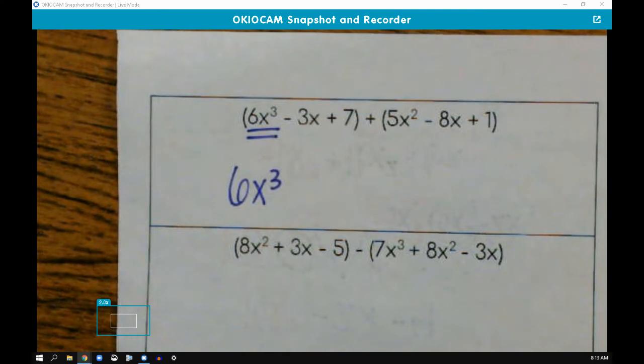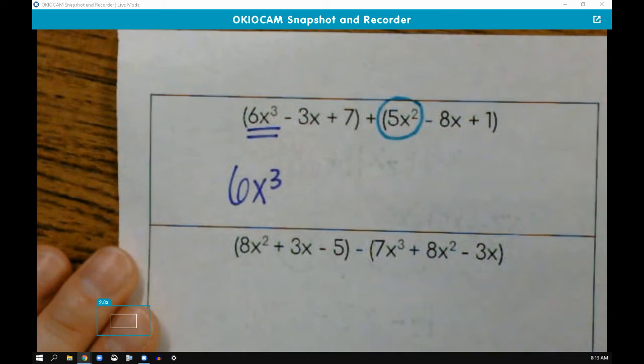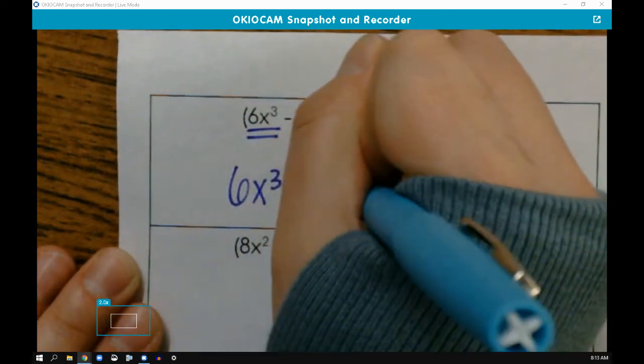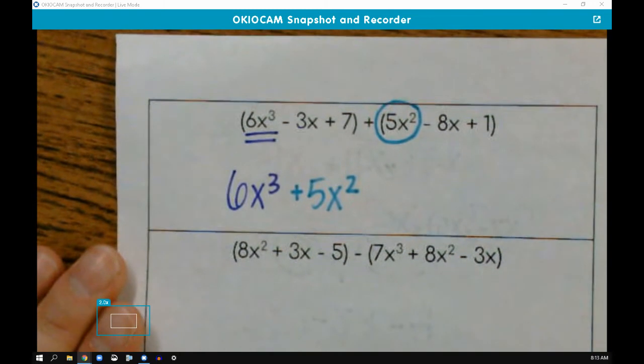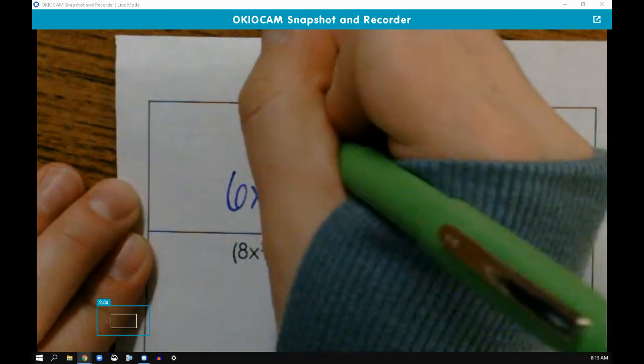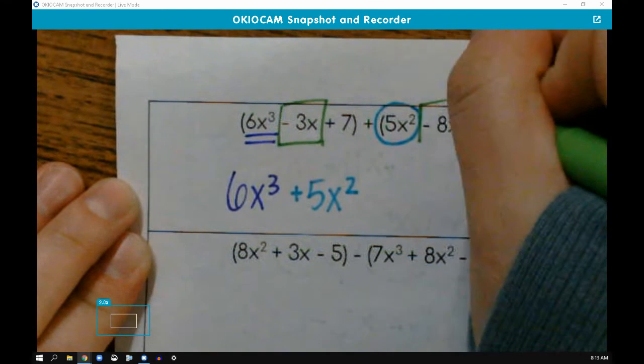Then we've got 5x squared. And there's no other x squareds, so it just stays by itself as well. So plus 5x squared. Okay, we've got minus 3x and minus 8x.